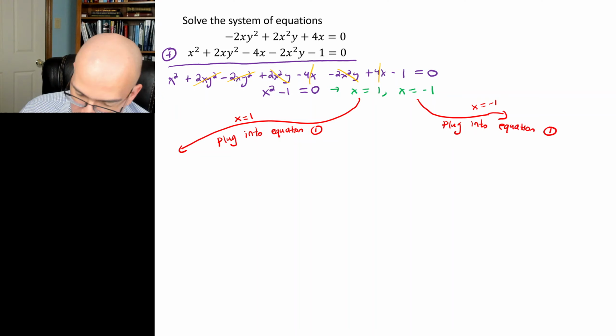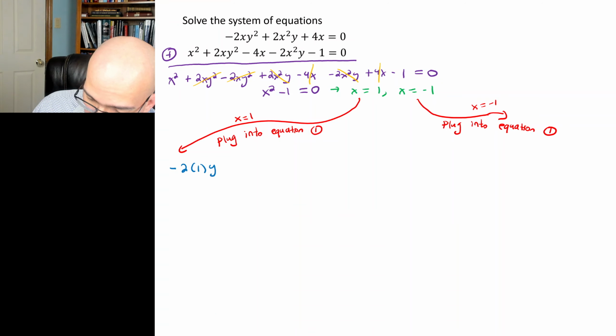We have to do them separately. All right. So we have negative 2 times 1 y squared plus 2 times 1 squared y plus 4 times 1 is equal to 0. And we can simplify: negative 2y squared plus 2y plus 4 is equal to 0.